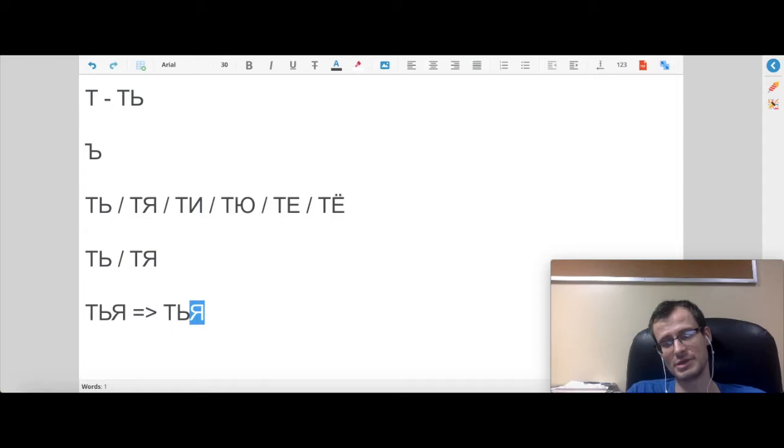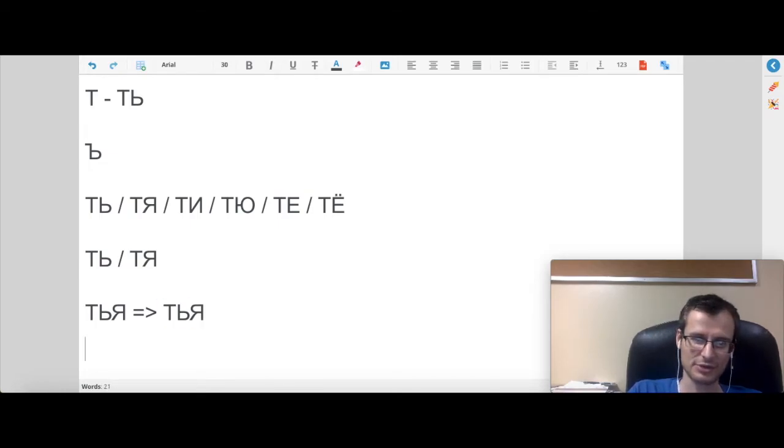That's all that happens. So this syllable would be pronounced as soft t, and then the full-fledged ya, like this. Tia, tia, right? Soft t, ts, and ya, tia, tia.